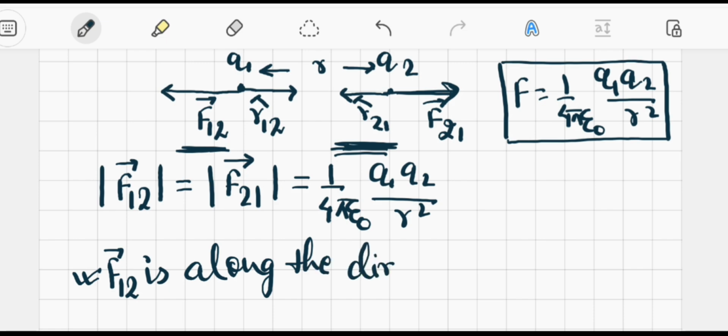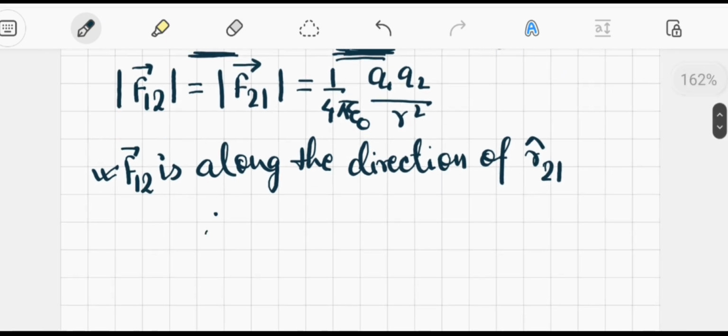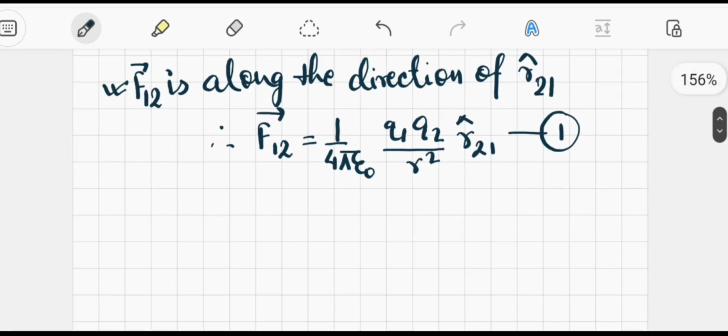So we can write it as force on 1 due to 2 equals 1 by 4 pi epsilon naught Q1 Q2 upon R square times the unit vector R cap 2 1. Let us consider this is equation 1.